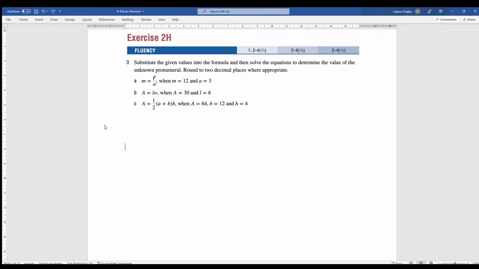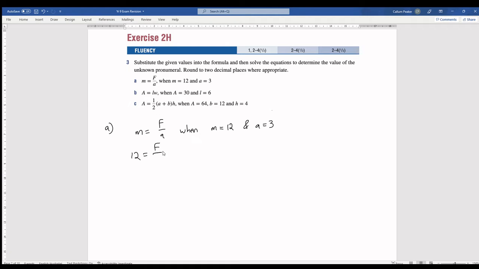So very quickly, we'll look at 3a just as a review for anyone who doesn't quite remember how to do this. So when we have a formula such as m is equal to f divided by a, and we're given values, so when m equals 12 and a equals 3, we can use substitution to place these values in where these variables are. So m is equal to 12.